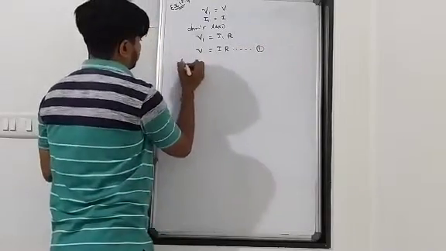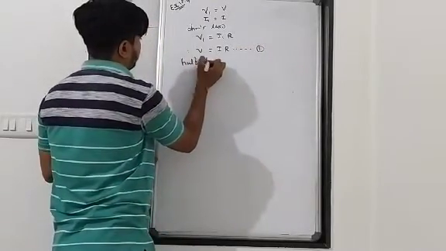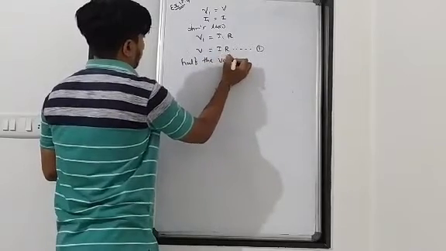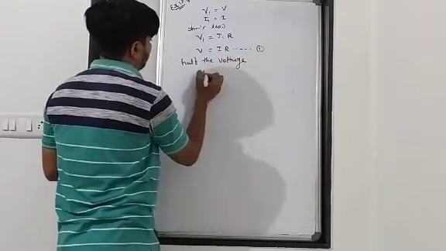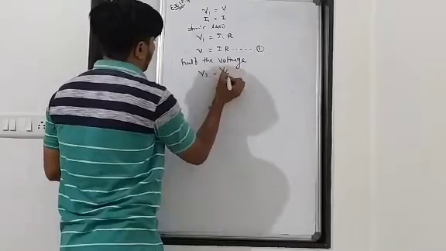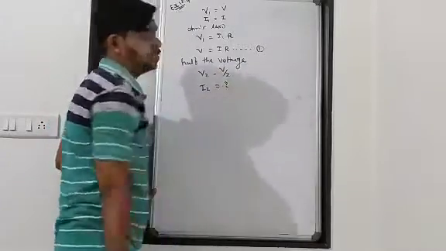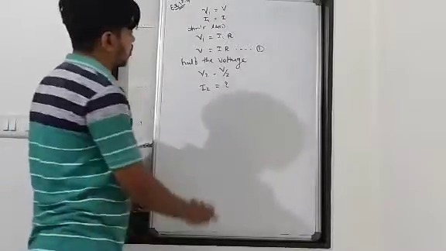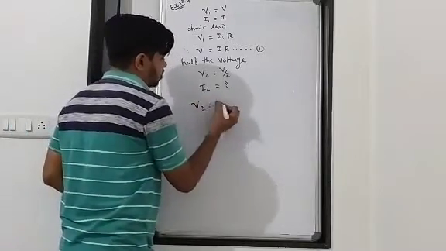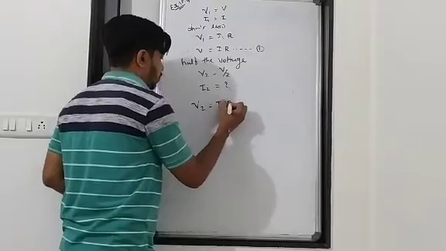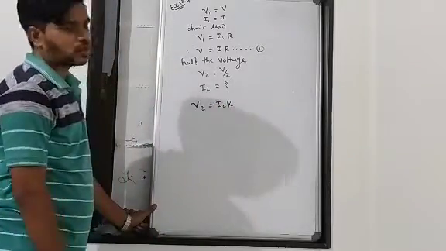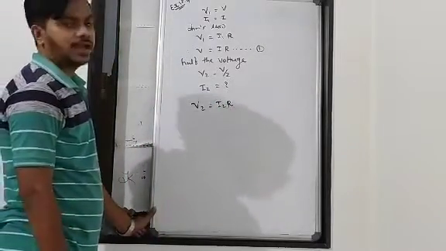Now halve the voltage. If the new voltage becomes V2, then V2 is equal to V by 2. As V2 changes, I2 will also change. Then what will be I2? According to it, V2 is equal to I2R.